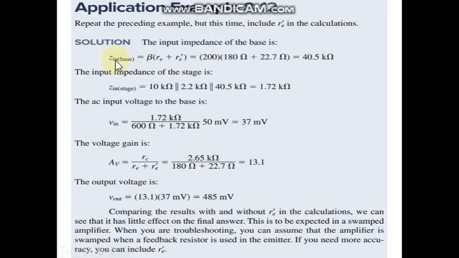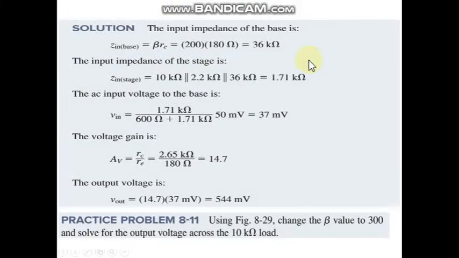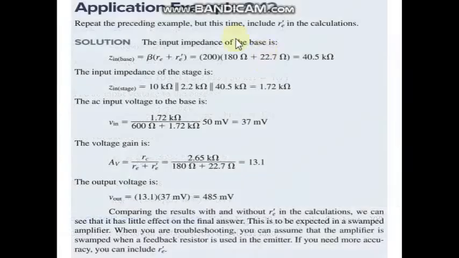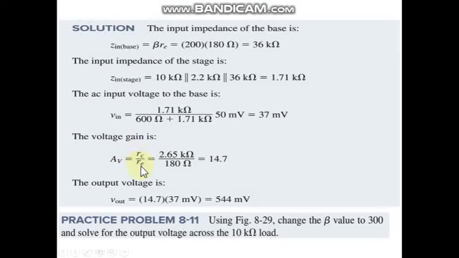So your Zin(base) will also change. It is not beta RE only, but beta (RE plus RE dash). So it is 40.5 here, whereas earlier it was 36. Zin(stage), Vin, and AV is now RC upon RE plus RE dash; earlier it was just RC upon RE.